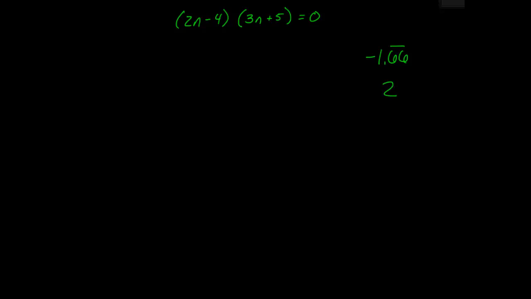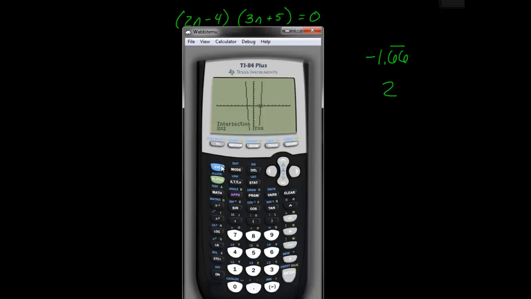Now, let's also look at this calculator real fast. I'm going to go second, calculate, and it's called a zero. In our solution, solutions can be called x-intercepts, roots, or zeros. Well, let's see if we can find a zero. Now, on this zero, it says left bound. If you follow this line from left to right, you will go down, and you will come back up.